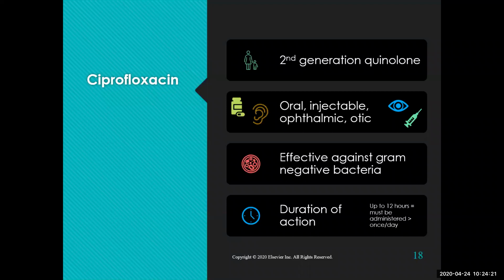So we like to find antibiotics that can be given once a day, which really increases adherence to therapy. Cipro is at least twice a day, but the next drug, levofloxacin, is once a day.